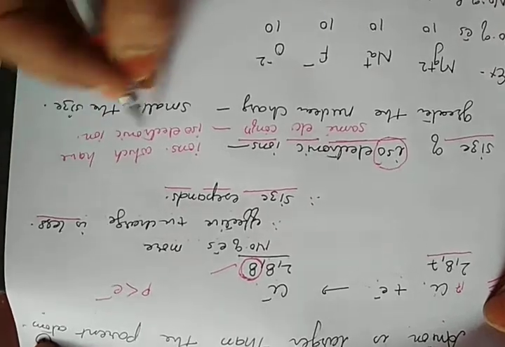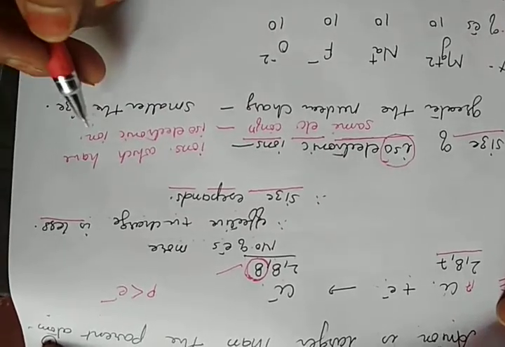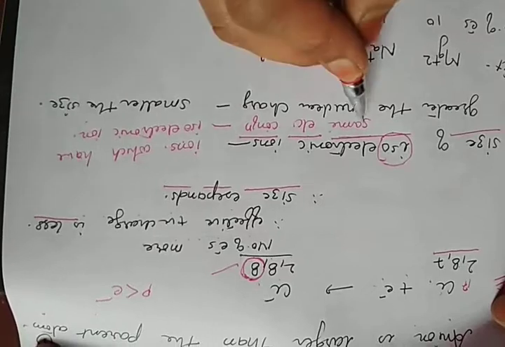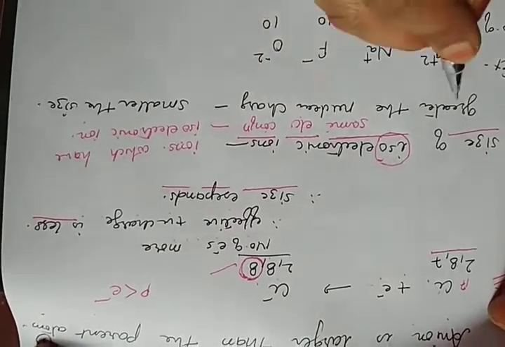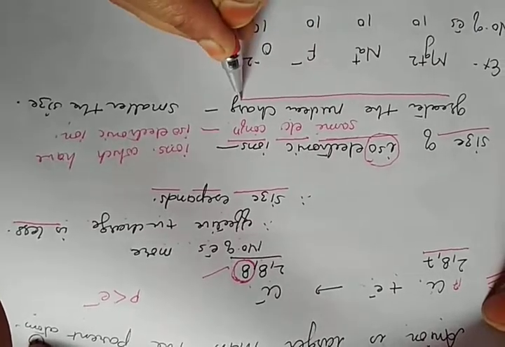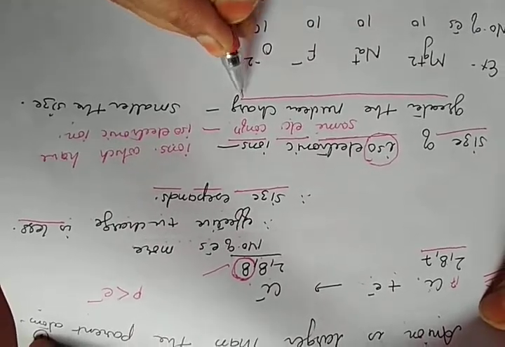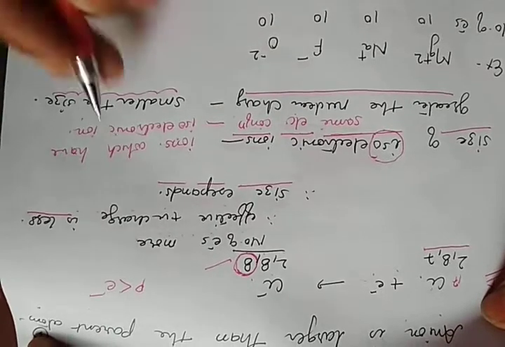I repeat, isoelectronic ions means the ions which have the same electronic configuration. In this case, the greater the nuclear charge, the smaller the size of the ion.